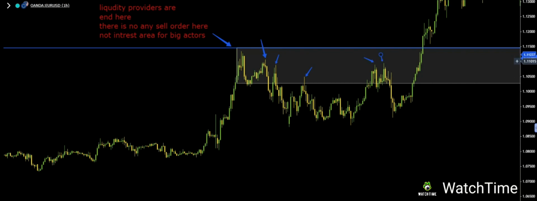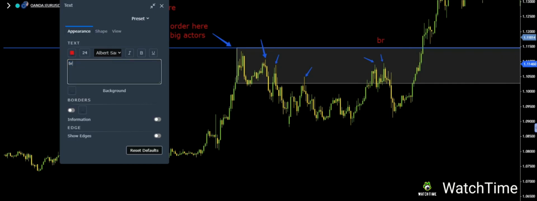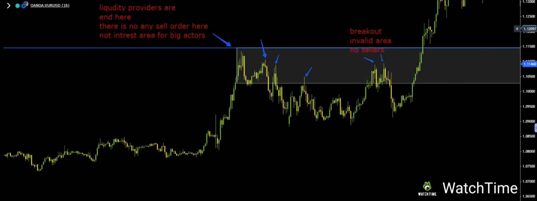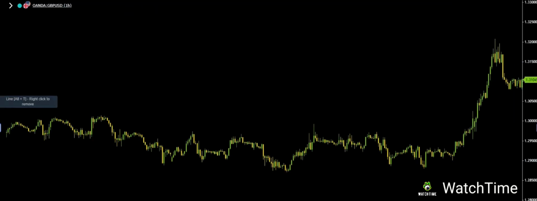So how do you spot these zones? Warning signs of weakened zones. Let's break down the key indicators that show a zone has weakened. 1. Repetitive retests without major reaction. A strong zone will produce a sharp reaction on the first or second test. If price keeps bouncing, but with less intensity, it indicates the market's diminishing interest at that price level.